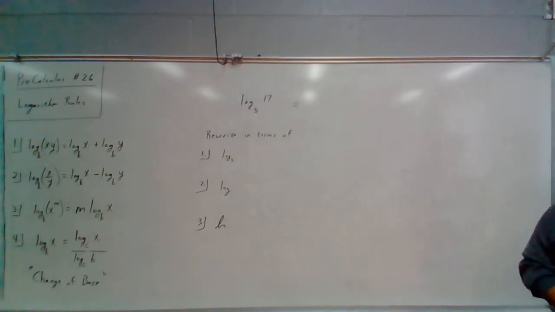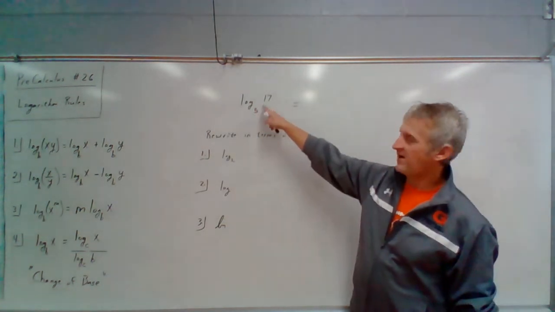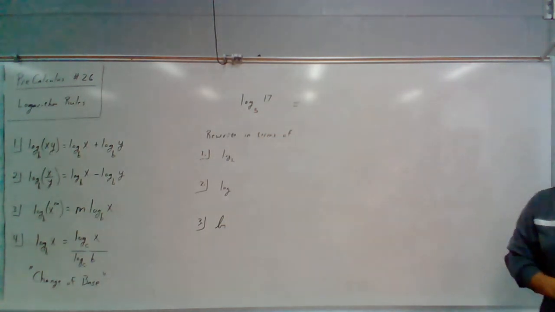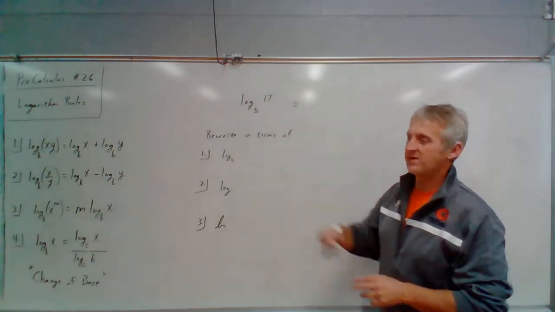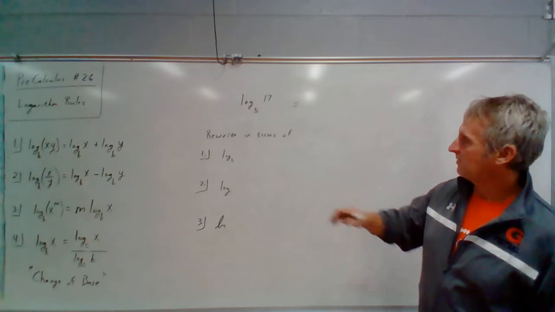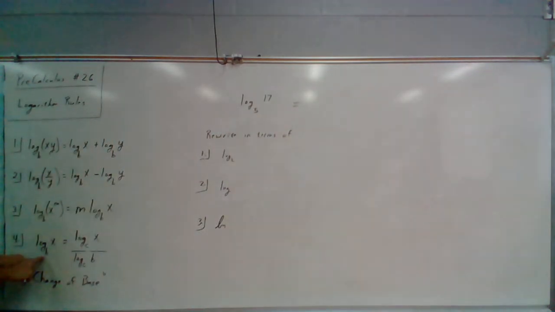All right, let's put our change of base formula into practice. So I have log base 5 of 17. Say I want to rewrite that in terms of log base 2. So I'm going to use my change of base formula. My b is 5 and my x is 17. I want to change it to log base 2, so my c will be a 2.